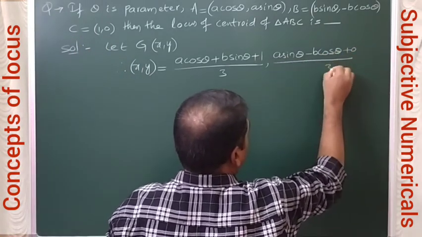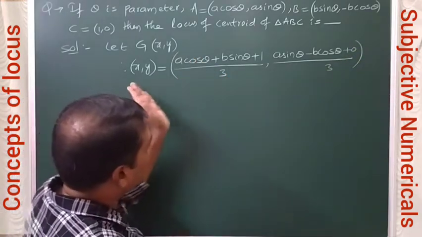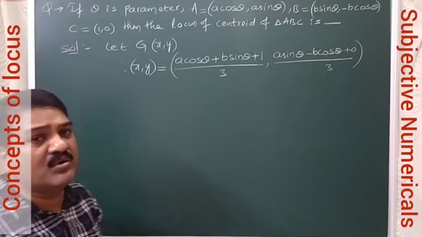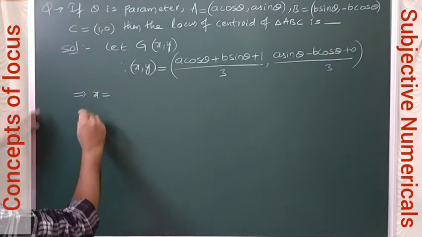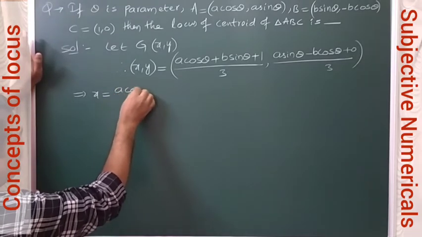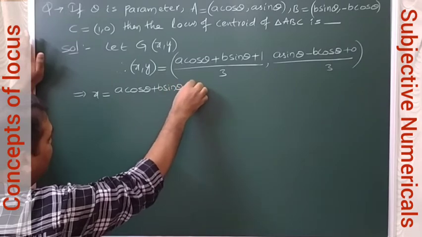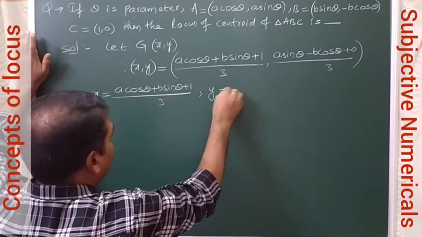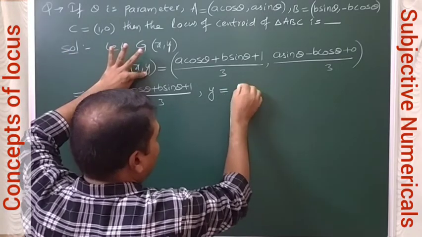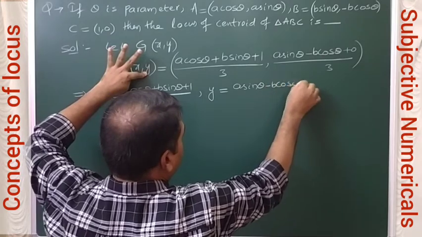So this is the application of the centroid formula. Now let us equate the x and y coordinates on both sides. Equating x coordinates, x = (a cosθ + b sinθ + 1)/3, and equating y coordinates, y = (a sinθ − b cosθ)/3.